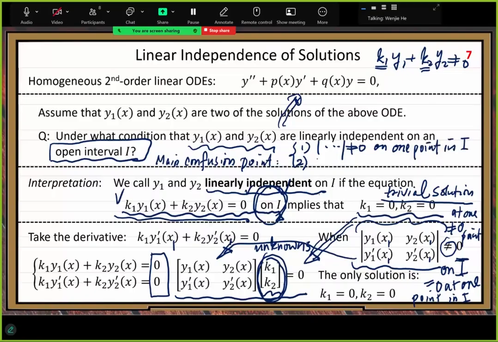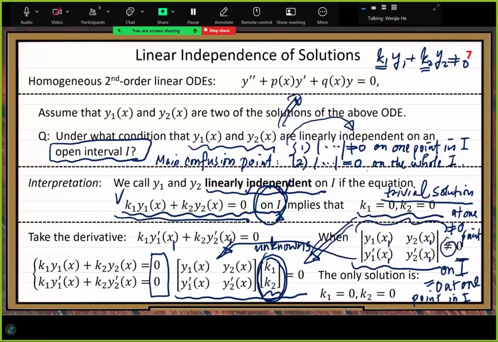Another case is the determinant equals 0 on the whole I. These two cases. The first case is the linearly independent case. The second is the linearly dependent case.